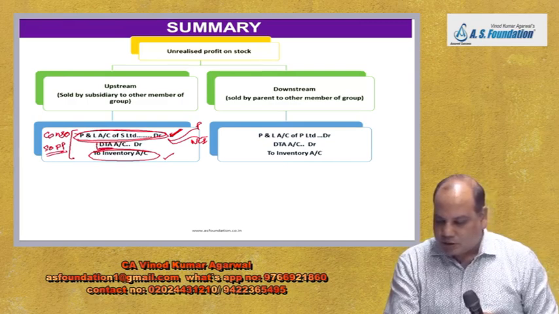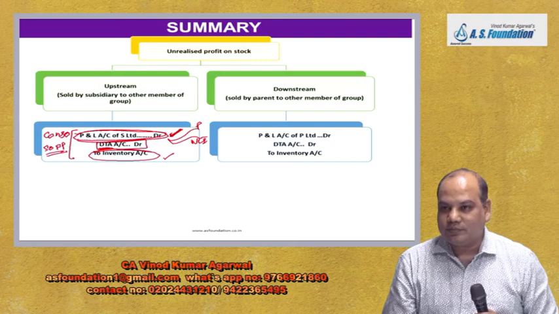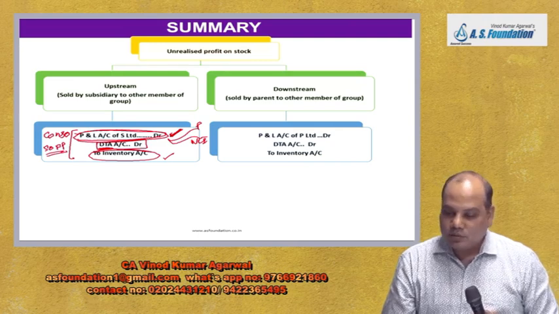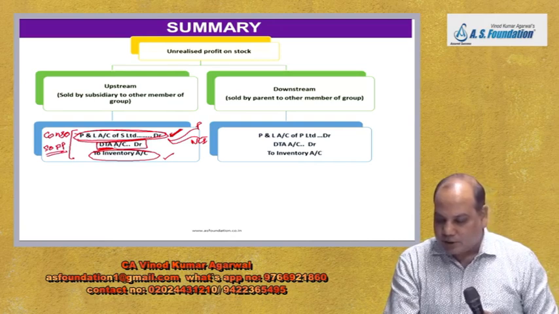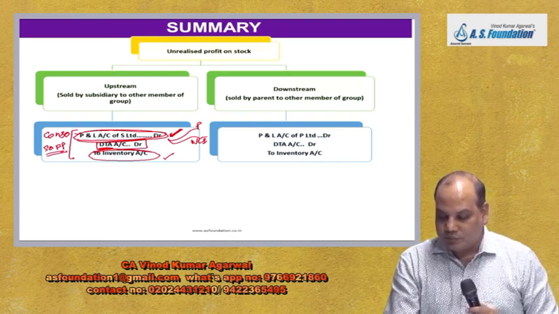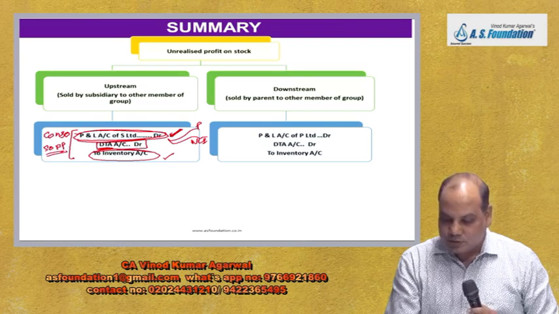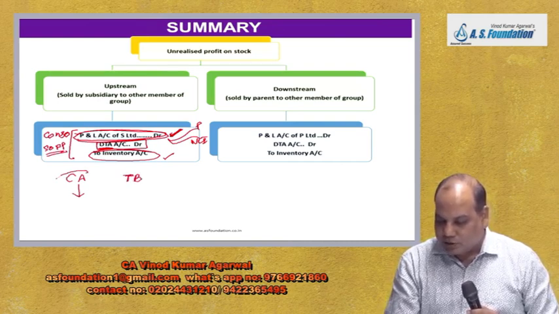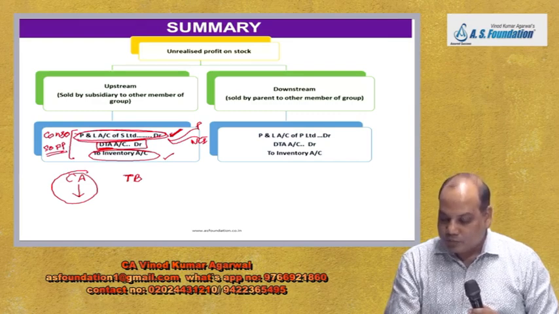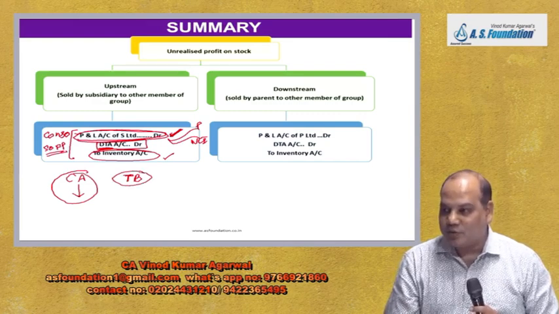If there is a tax adjustment also given, then in that case I am going to debit deferred tax asset account. Why DTA we have discussed. The carrying amount is reduced when you reverse the unrealized profit, but tax base does not get reduced.